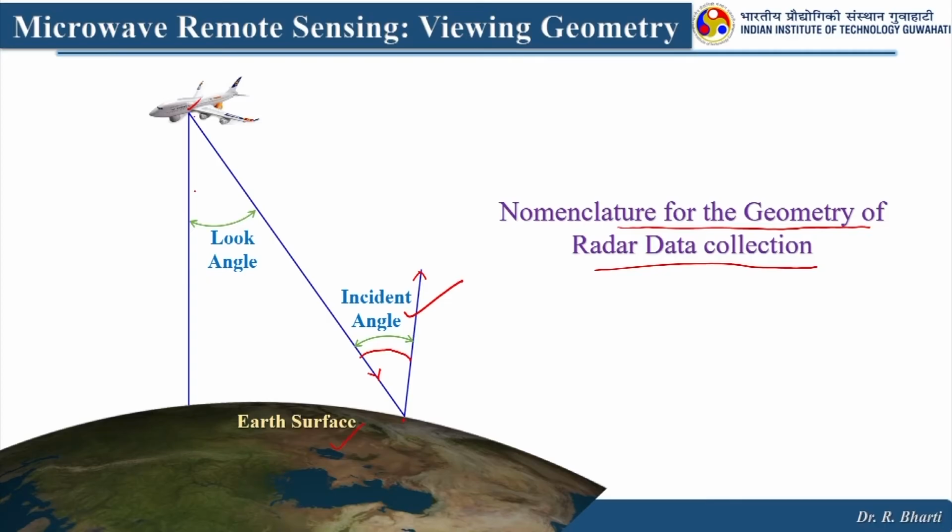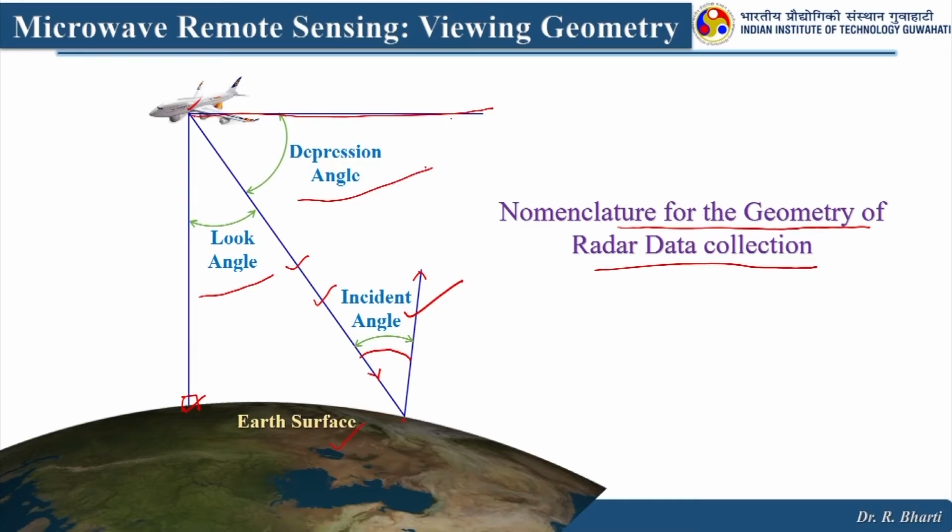The angle between the illuminated beam and the perpendicular, which is your nadir, is known as the look angle. The horizontal plane which we have drawn tells you the direction along which your flight is moving. The angle between this and the beam will be the depression angle.